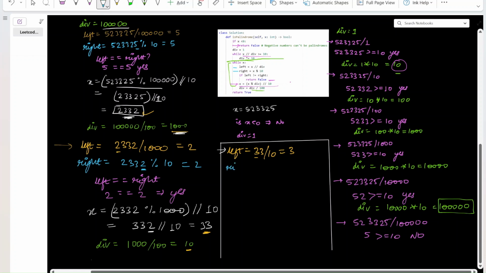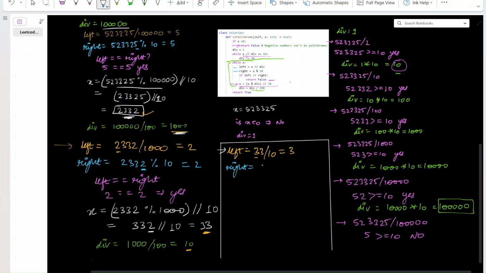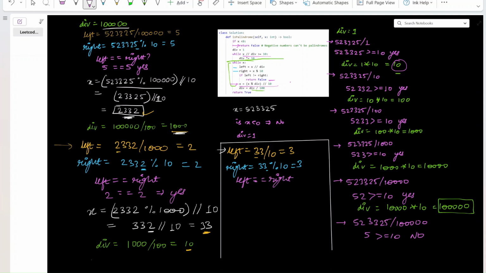Then we do right is equal to 33, which is our current x, %10, which is equal to 3, which is this 3. Then we check if our left is equal to right. So our left is 3, our right is 3. Yes, this is true. When this is true, we have to update the value of x.